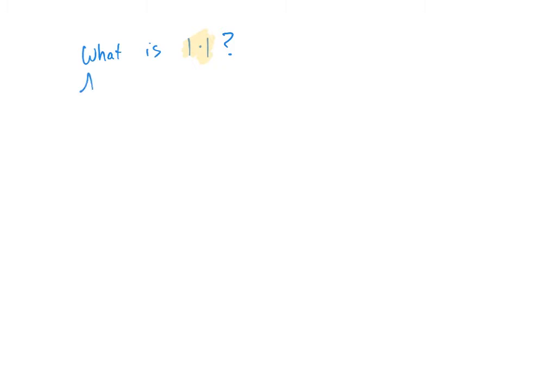So absolute value is a function. And what does it do? It maps from real numbers to non-negative real numbers. Okay, I'll use that notation for non-negative real numbers.